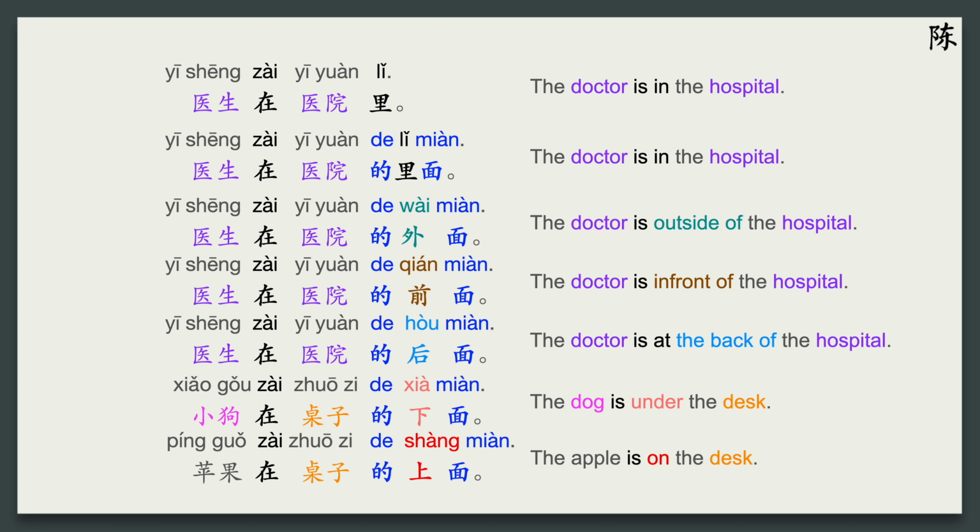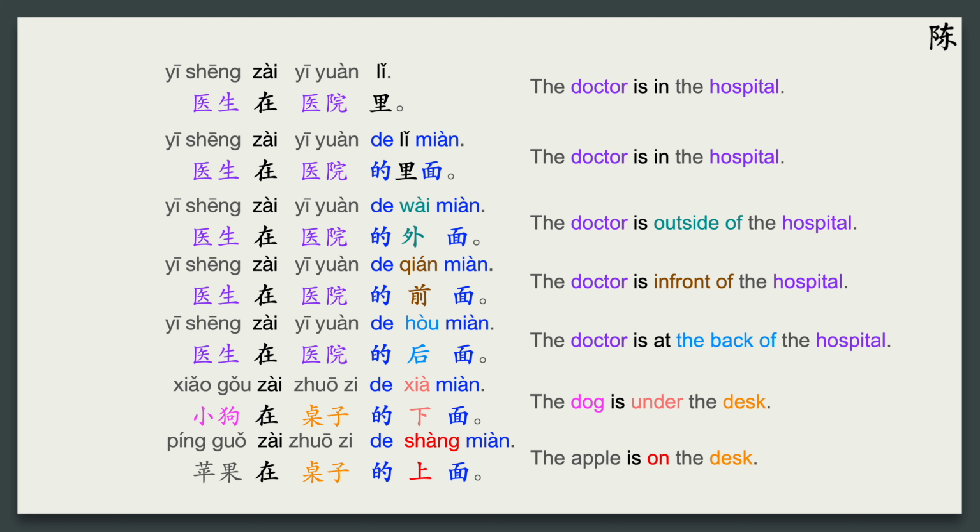So, literally, 外面 means outer side. 前面 means front side. 后面 means back side. 下面 means lower side. 上面 means upper side. And these Chinese sentences are all correct.